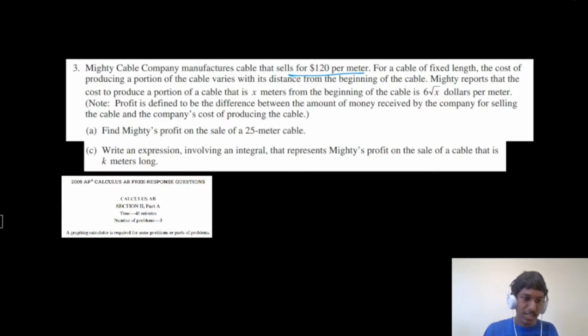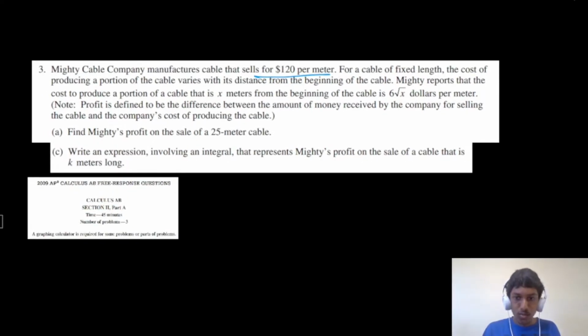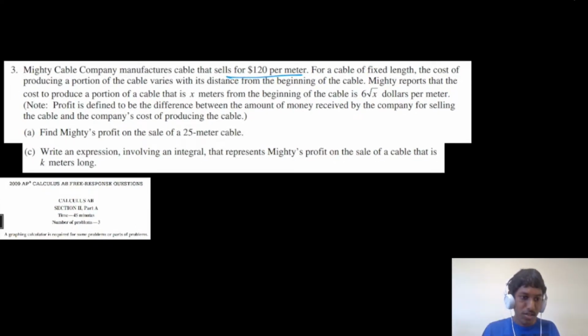These two sentences right here are probably the most important of the entire problem, because if you misunderstand these sentences, you're going to get the whole problem wrong. One thing to note here is you should really be using your units to help you interpret the problem. And here they give you clear units.